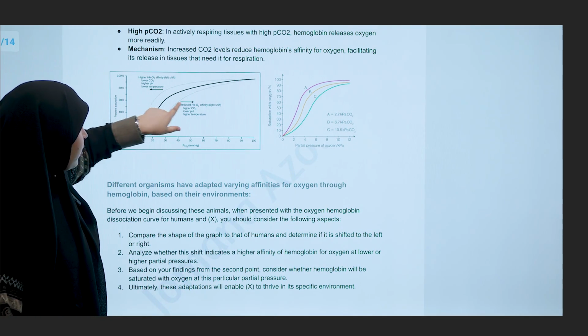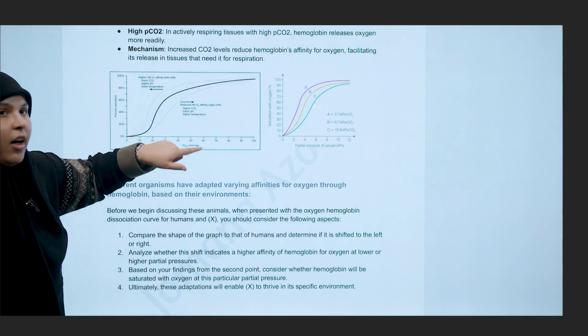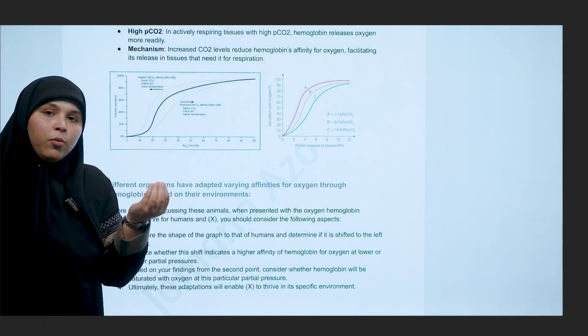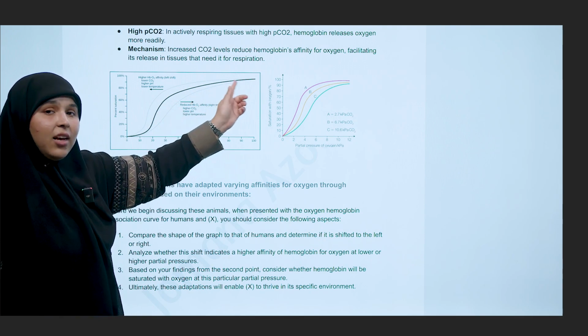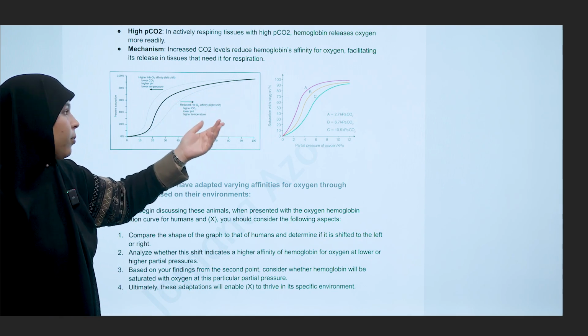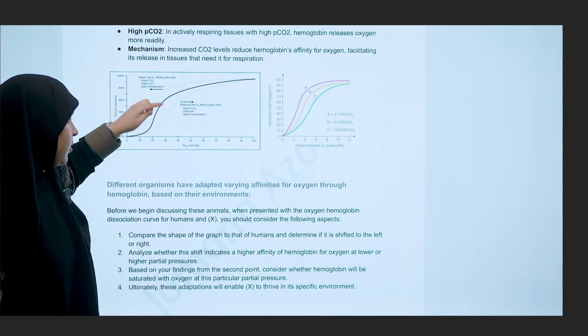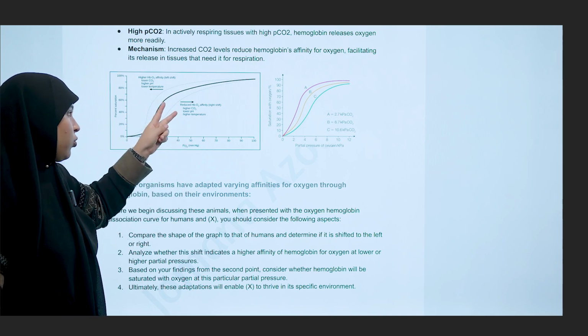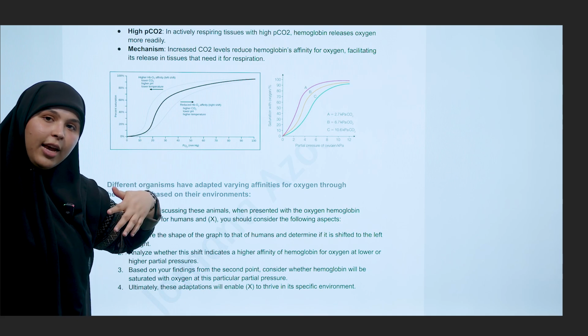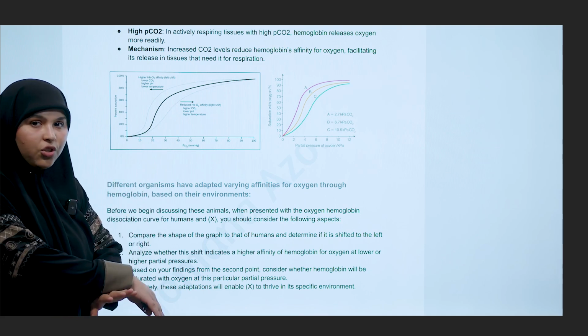Now, if the graph is shifted in here, this means that we are having lower affinity of the hemoglobin for oxygen. That's why it's shifted to the right, and that's why it's taking us more time to load the hemoglobin. Now, we have multiple things. Higher concentration of carbon dioxide will lead to lower pH. By the way, lowering the pH is not always caused by high concentration of carbon dioxide.